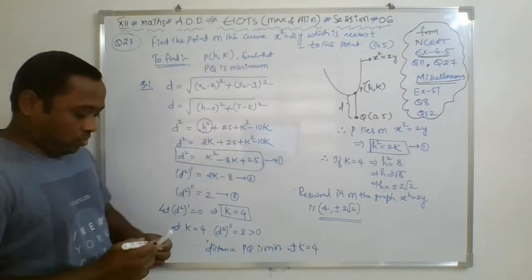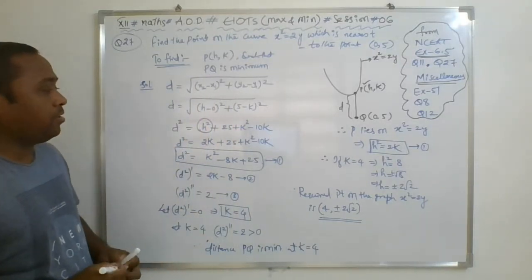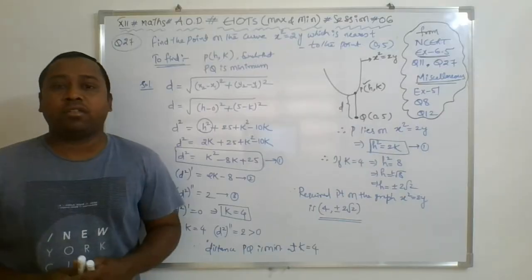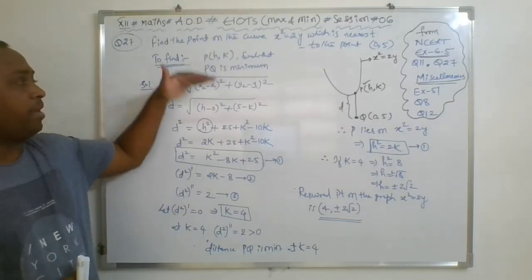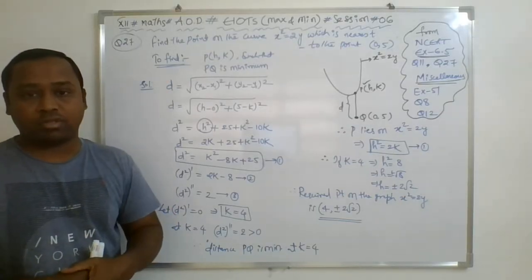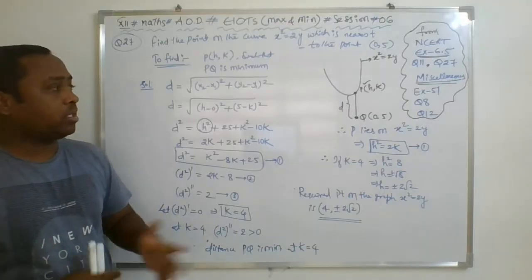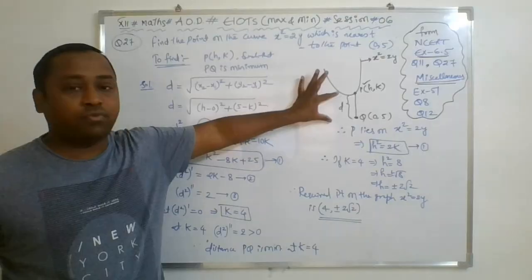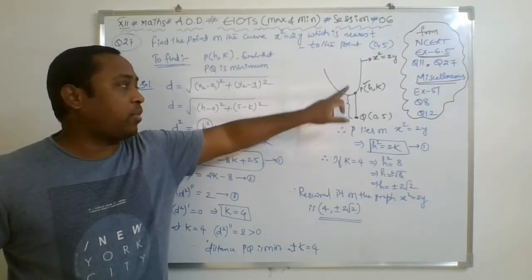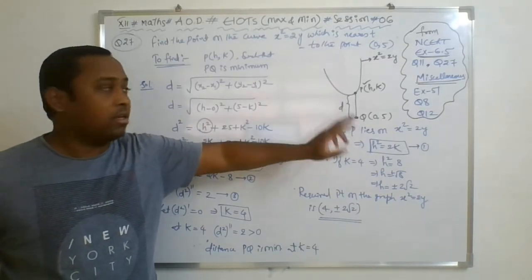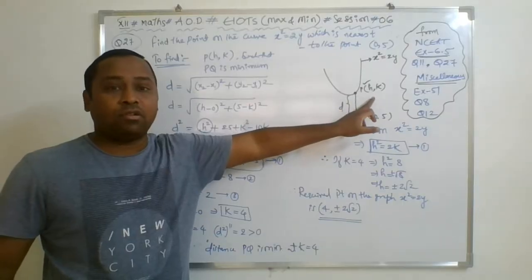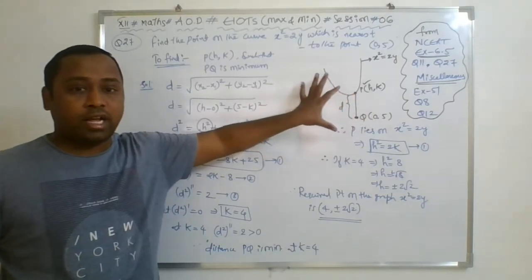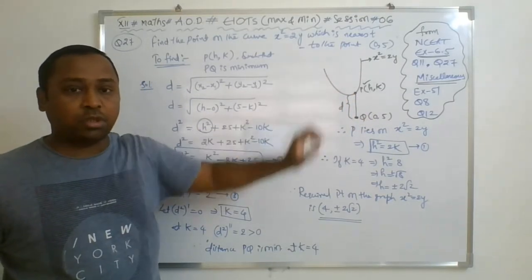Okay, so this is the question. How simple it is, but how to begin matters a lot. So the question is clear to you all. The distance between these points has to be minimized, such that we need to find a point on the graph. So I have to minimize the distance function.